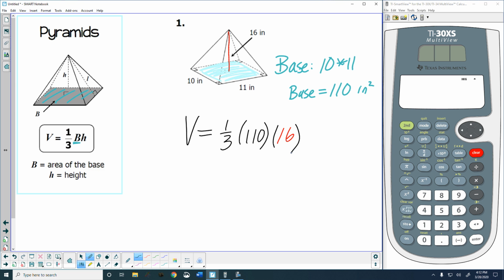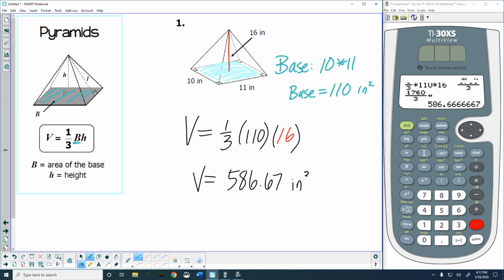We can calculate that in our calculator: 1/3 times 110 times 16. If your calculator gives it to you in fraction form, remember you can use that converting button to get the decimal. So our volume is 586.67, and that would be cubic inches because we are calculating a volume.